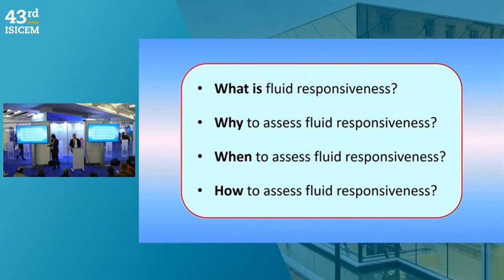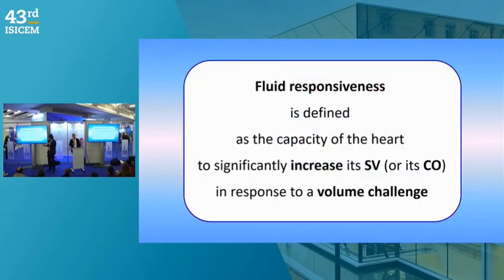So, rapidly, what is? Physiologically, it is defined as the capacity of the heart to significantly increase its stroke volume or cardiac output in response to a volume challenge. Could be fluid, could be a preload challenge.